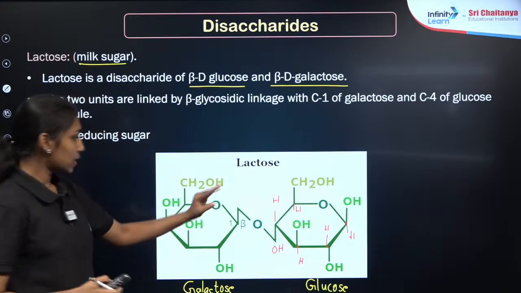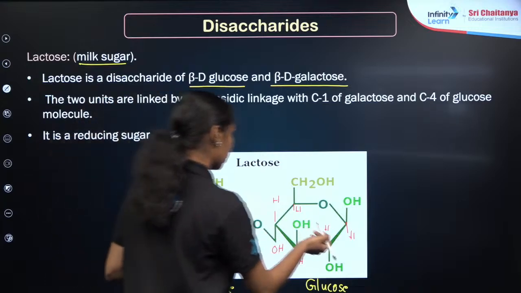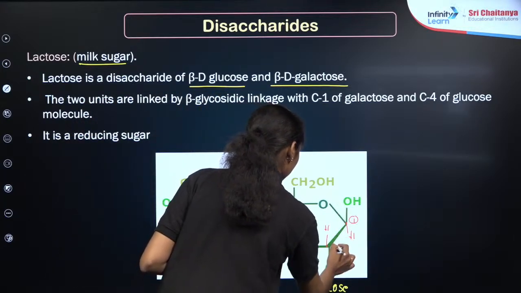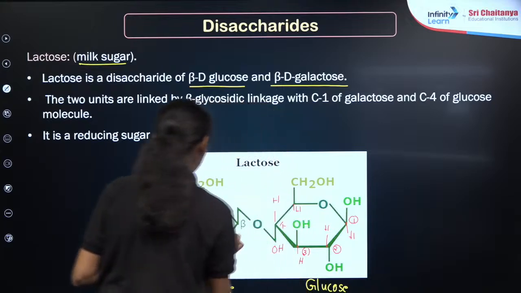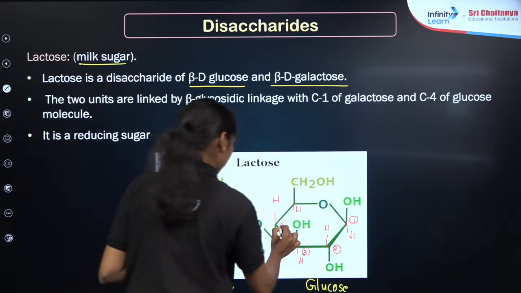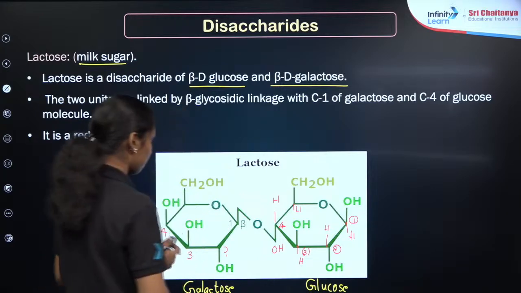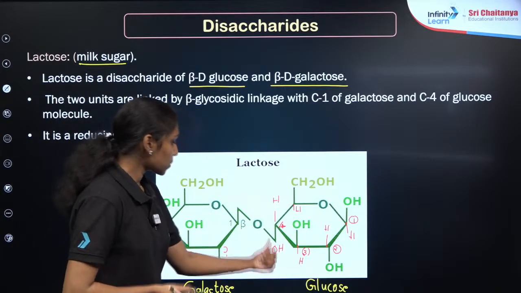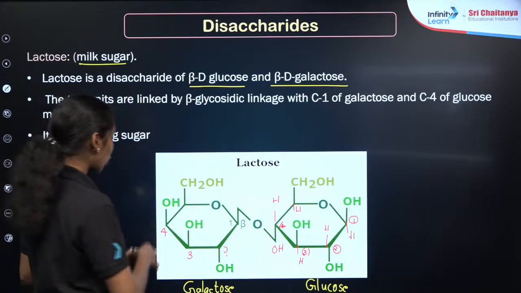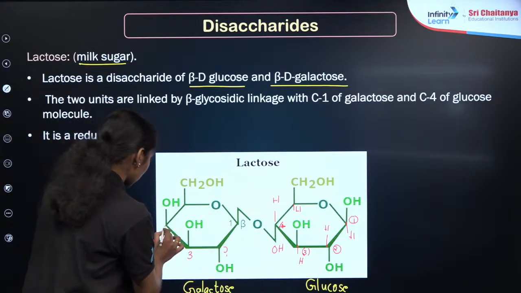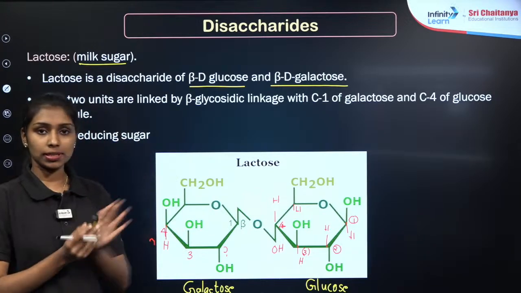In the fourth position of glucose, it is H and OH, right? Now, if you look at the galactose structure, you can see that here it is OH and H, just opposite.